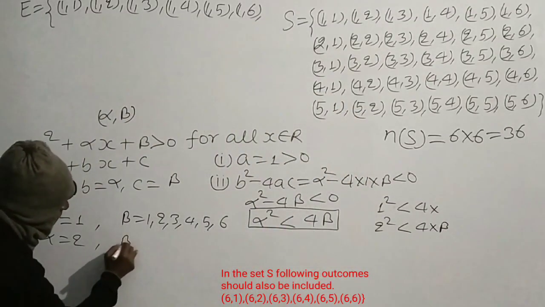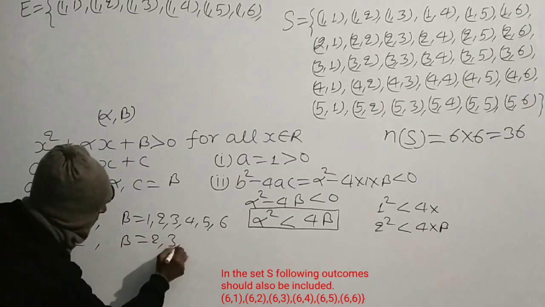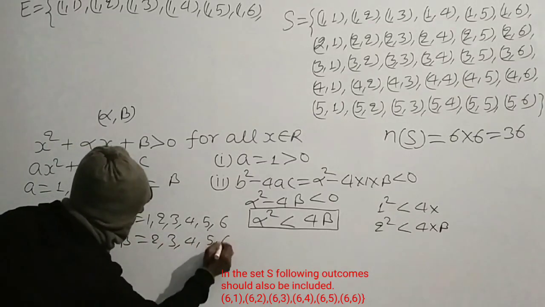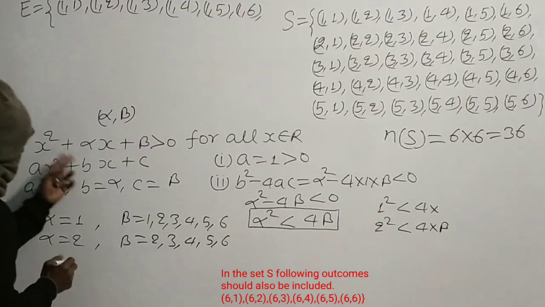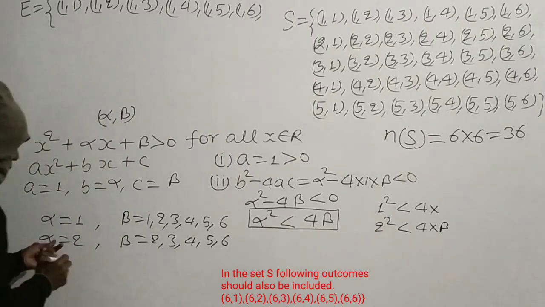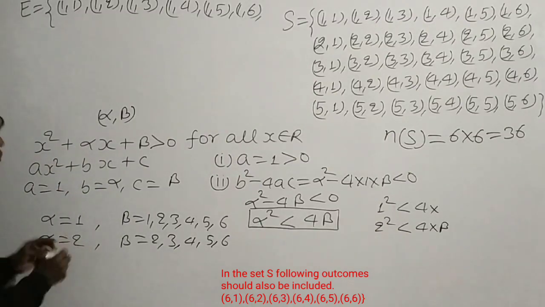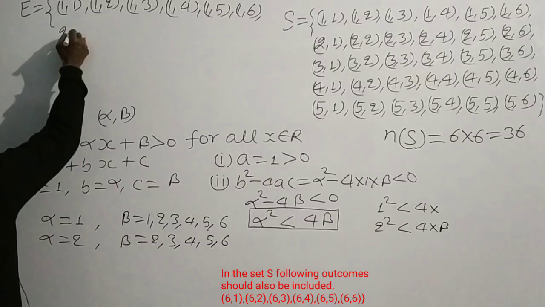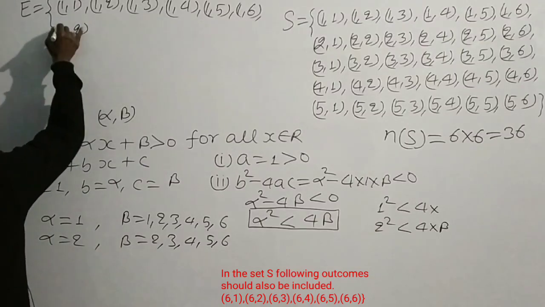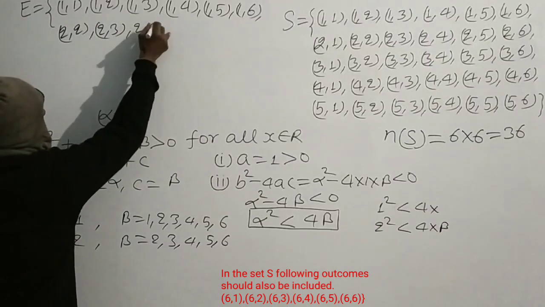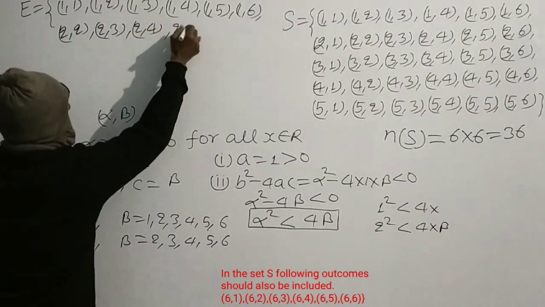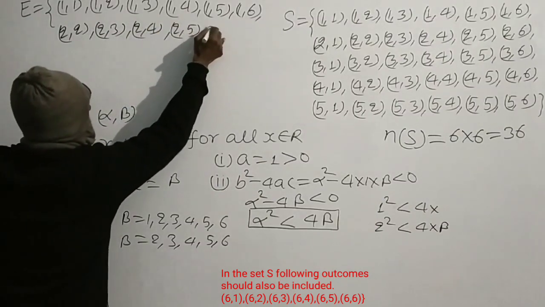Therefore, outcomes favorable to this event when the value of alpha is 2 will be 2 2, 2 3, 2 4, 2 5, 2 6.